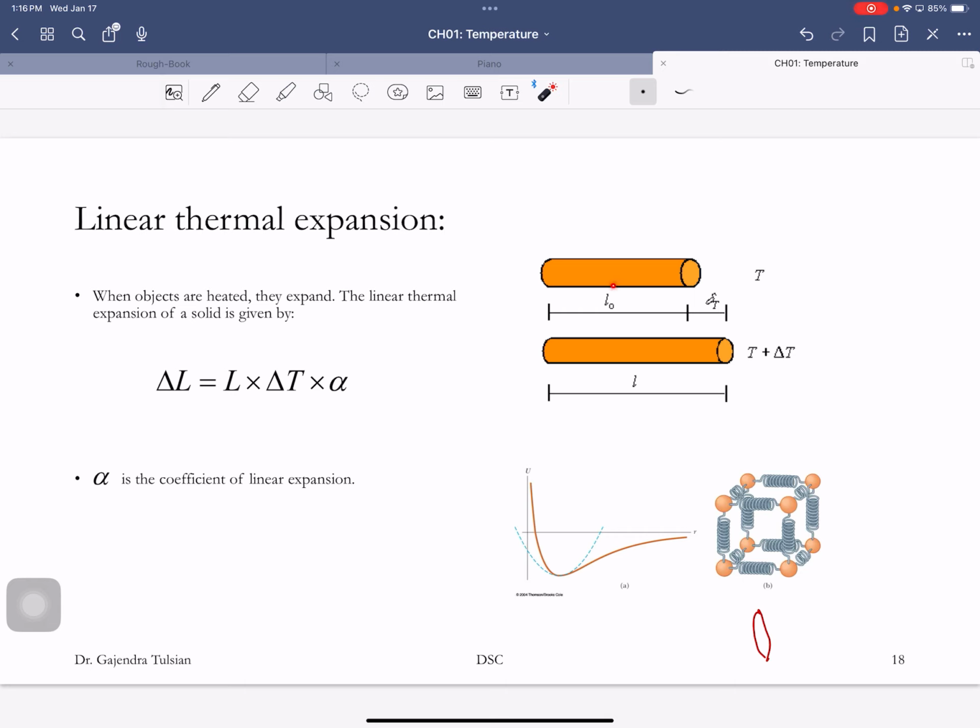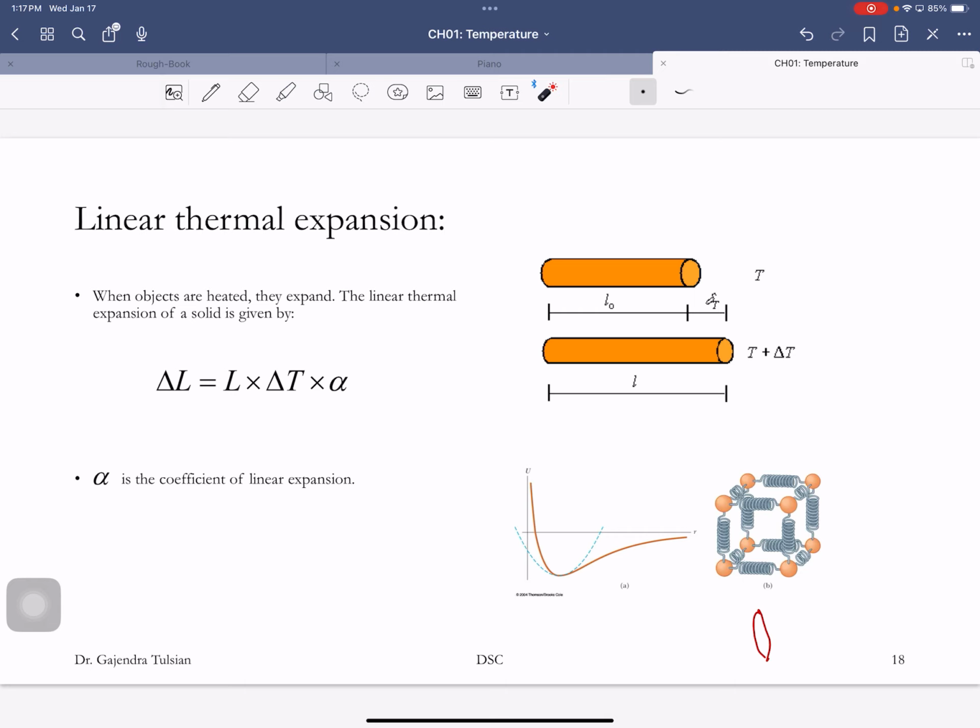So let's say you've taken a metal rod and heated it, and its length has increased. The increase in length is proportional to the original length. The longer the object, the greater the increase. It's proportional to the increase in temperature, and it depends on a number that depends on the material. That is called the coefficient of linear expansion.